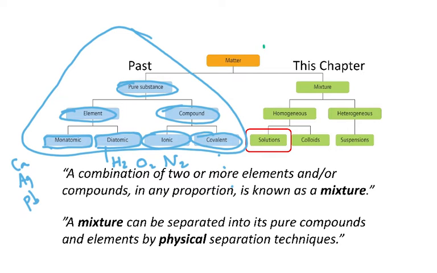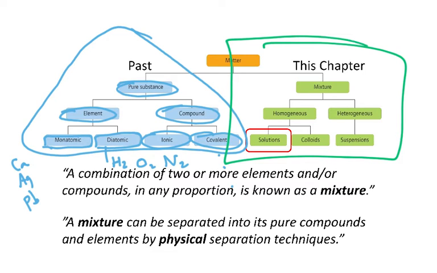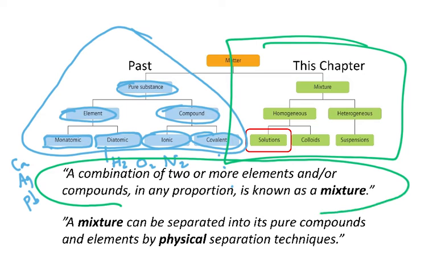Okay, so this chapter then is the other branch, which is not pure substances, mixtures. And we talked about this briefly with gases. We talked about gas mixtures, and we can define a mixture simply as a combination of two or more elements and or compounds in any proportion.